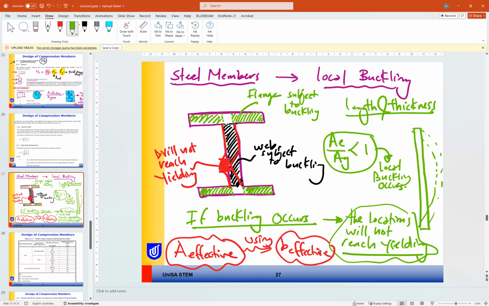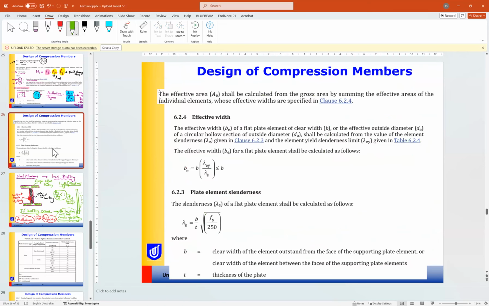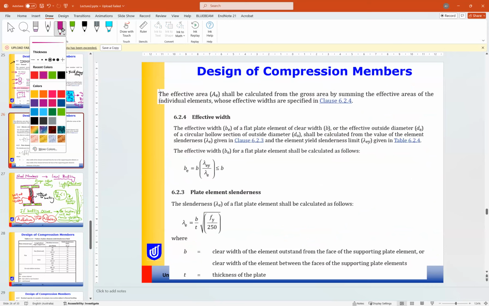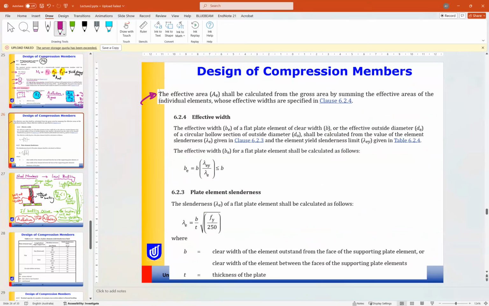So this is just a quick explanation of the meaning of the effective area, the effective width, and the form factor Kf. So now how can we find the effective area Ae?